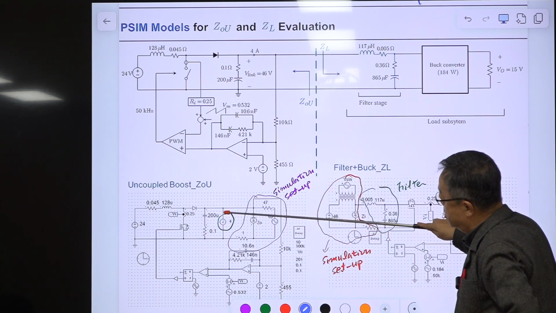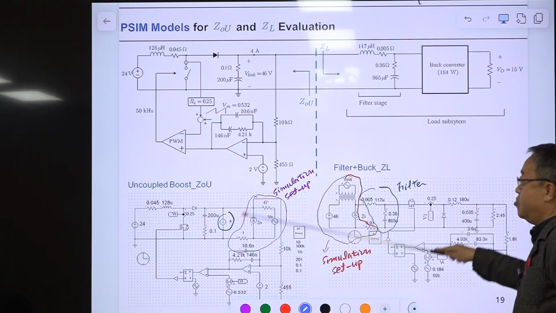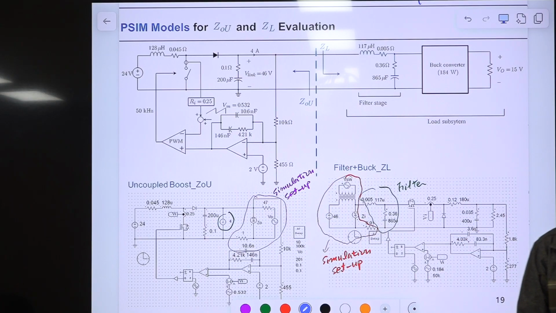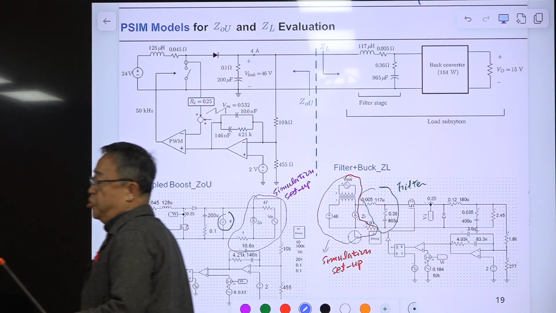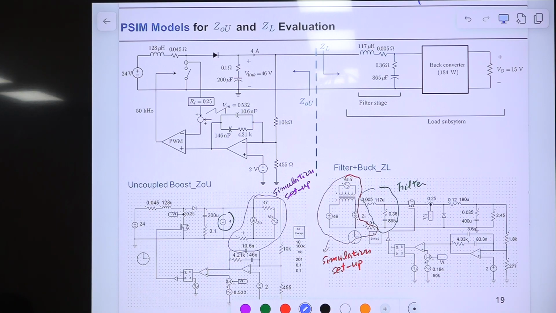So this is a current sink, and this is set up to simulate the output impedance of the upstream converter. So we are using this all the time to simulate the input impedance and output impedance of something.